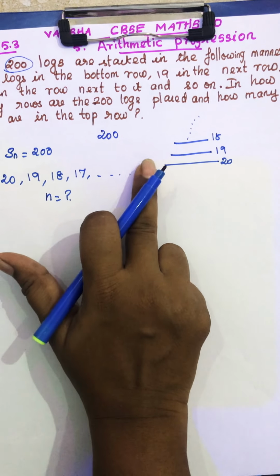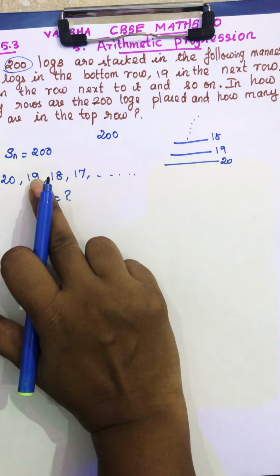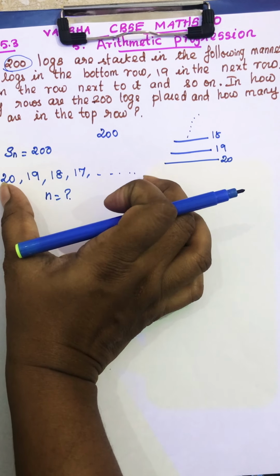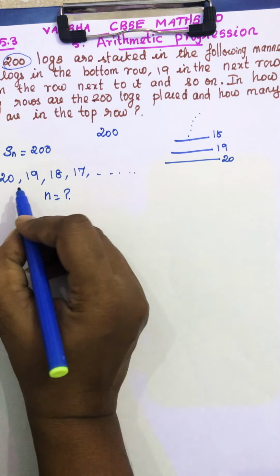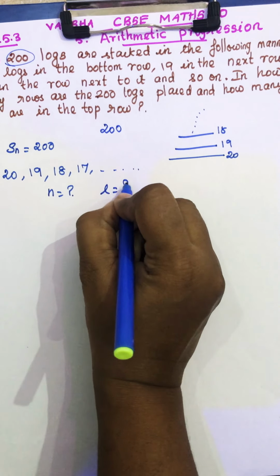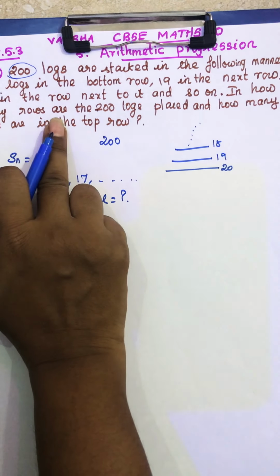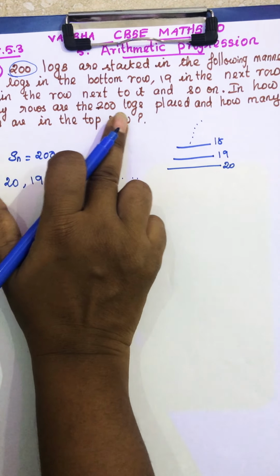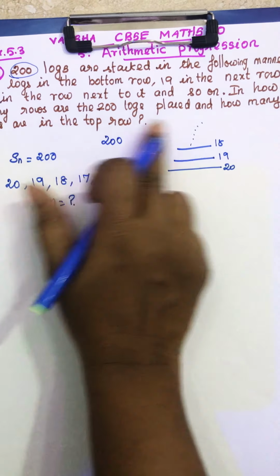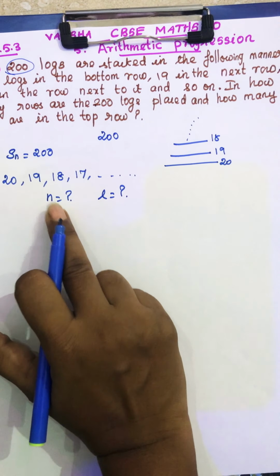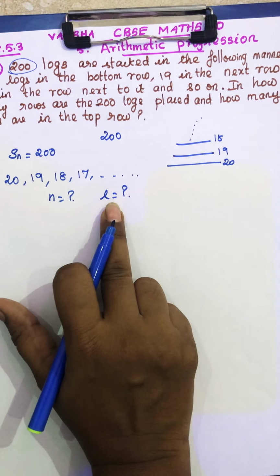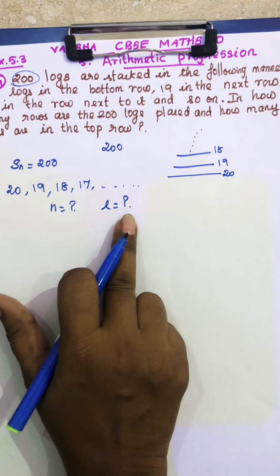What is the last number? Only some limited rows will be there, so we should find l also. How many rows are the 200 logs placed in? That is n. And how many logs in the top row? So in the nth row, how many logs? That is l. You are going to find this.